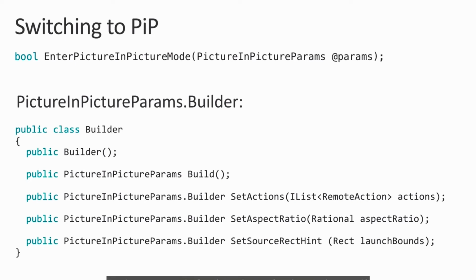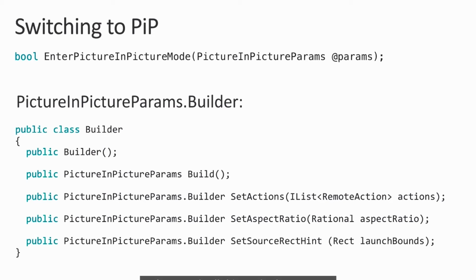So the aspect ratio for the video or for the window itself, and then the rectangle hint. Maybe you want to give Android a few clues as to how it should display the window itself. And then the other one there, SetActions. The picture-in-picture window may have some controls or actions that can happen, such as a pause or a stop, that kind of thing. You can add those as actions via the builder.